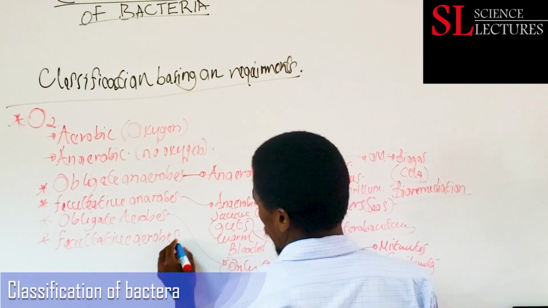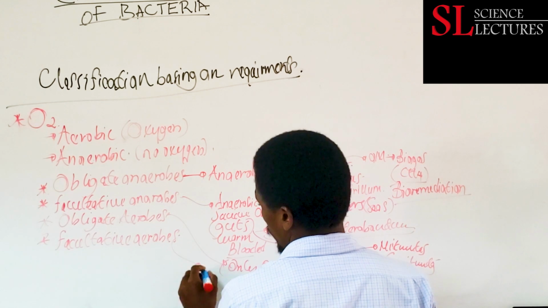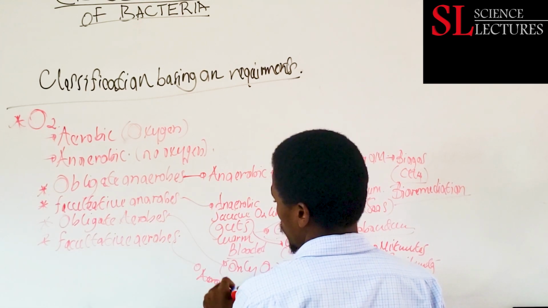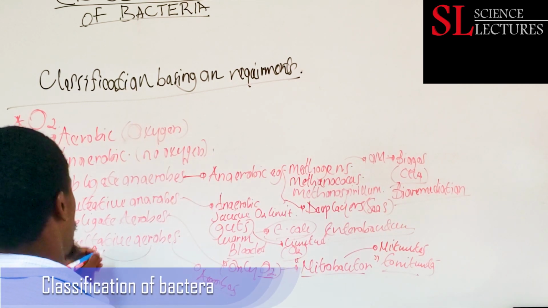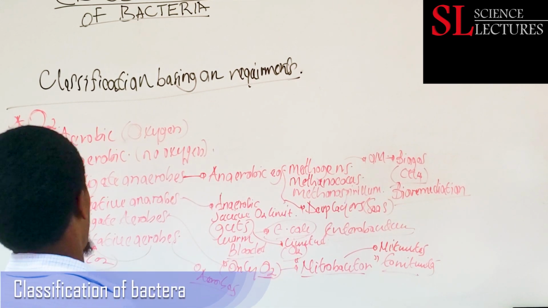Then we also have bacteria that are facultative aerobes. Such bacteria are aerobic, but as well they can survive in presence of some carbon dioxide.